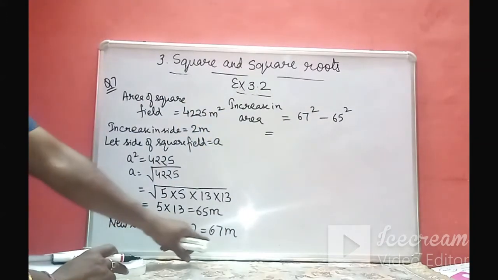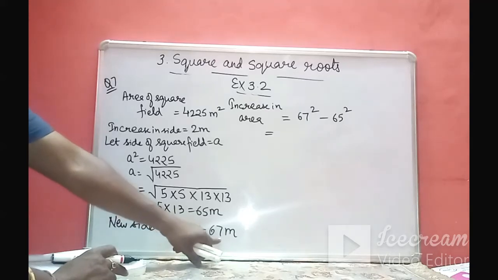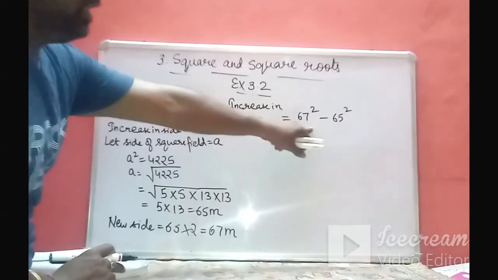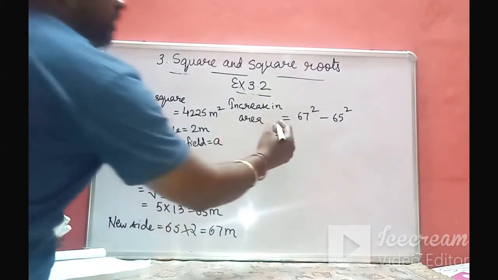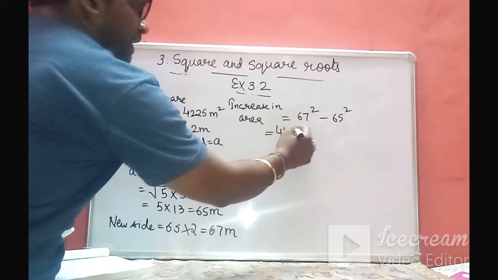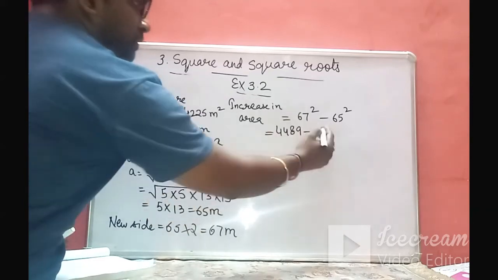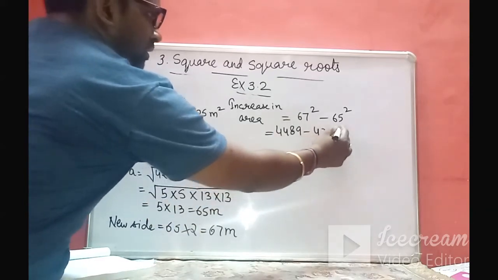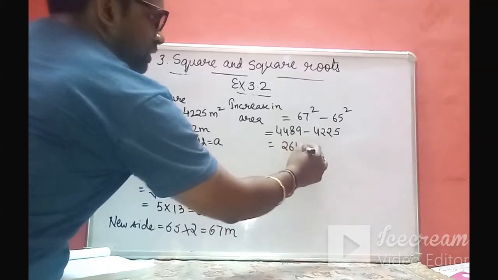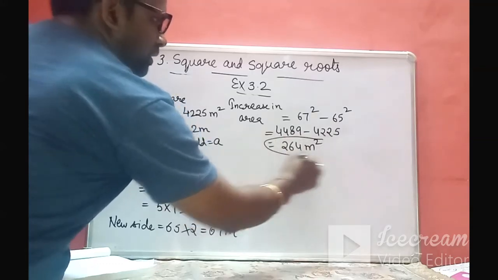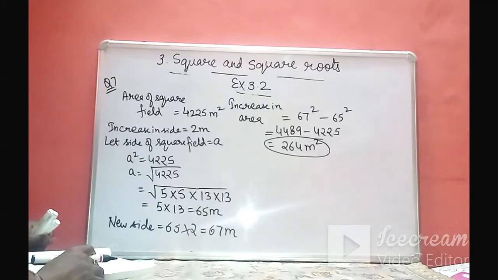The new area is 67 square and the old area was 65 square. So it is 4489, and the old area is already given, so we will not calculate it again. So we will get 264 meter square. Okay, so this is the increase in area.